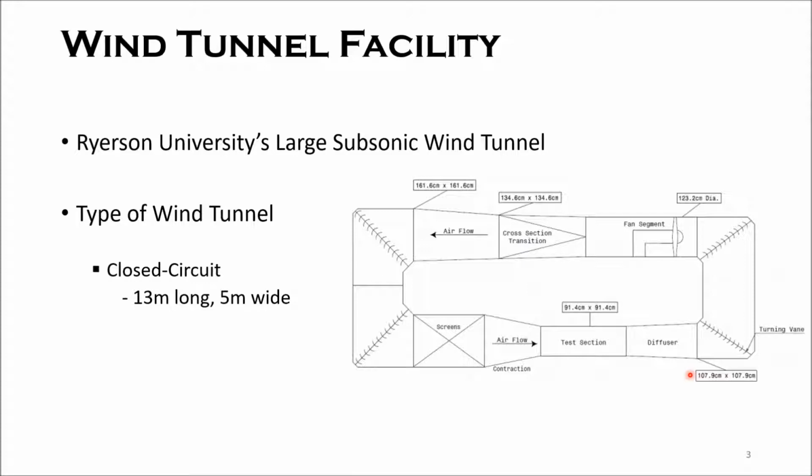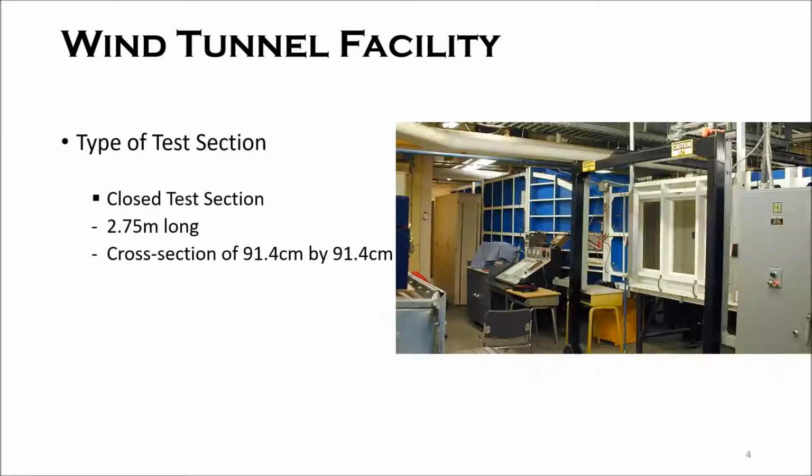However, rather than discharging the air into the atmosphere, it returns to the settling chamber through a series of 90-degree turns, using turning vanes to reduce pressure losses. The airflow through the tunnel is controlled by the fan. The test section of the wind tunnel used is a rectangular closed test section.